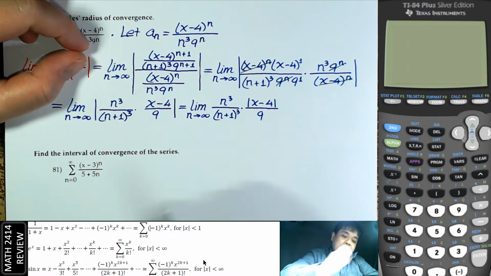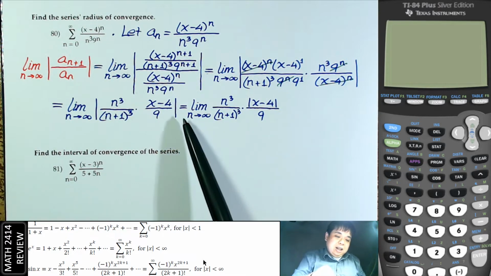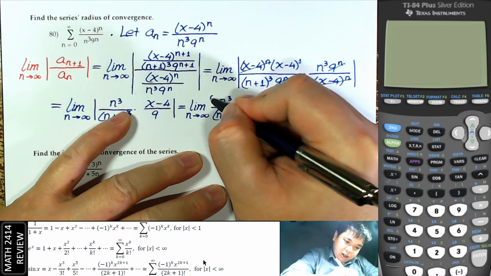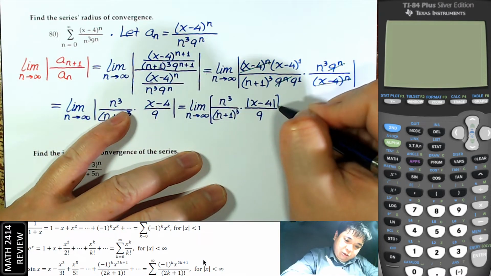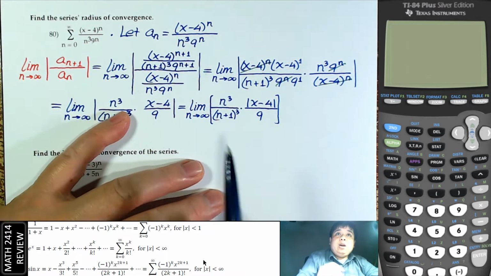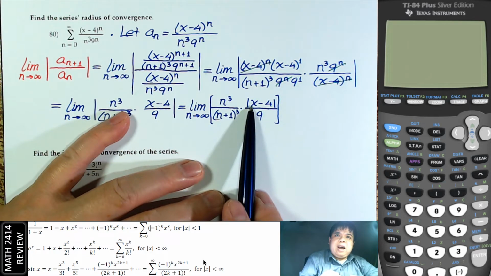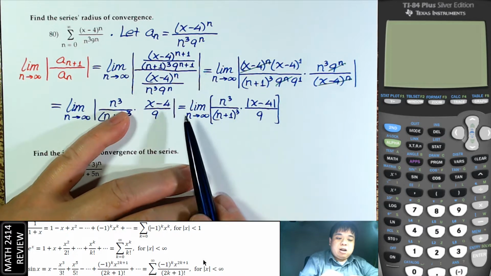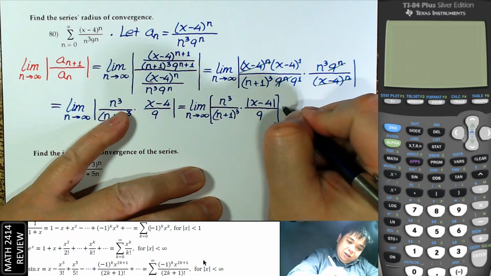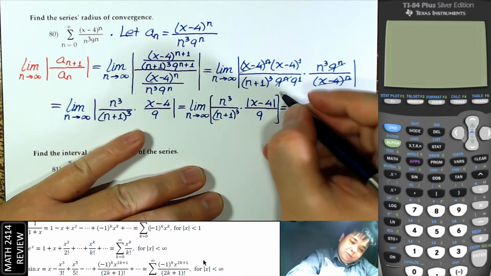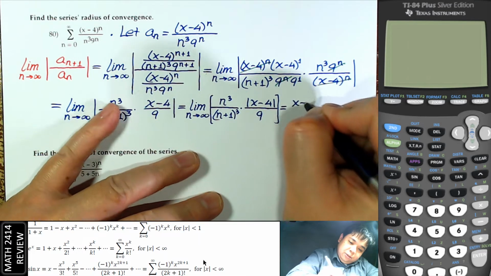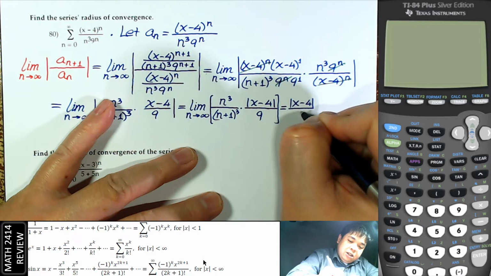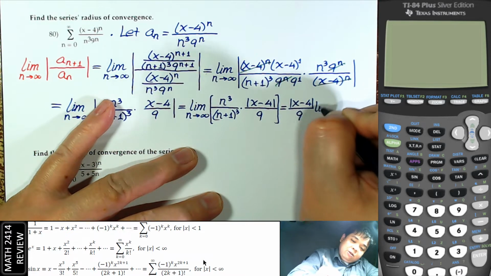And now, this is the limit as n goes to infinity, so I'm just going to put a bracket here, not absolute values. Now, as n goes to infinity, this one has x in it, so it doesn't affect anything. What I will do is take this outside of the limit, because it has no n in it, so it does not affect the limit at all.